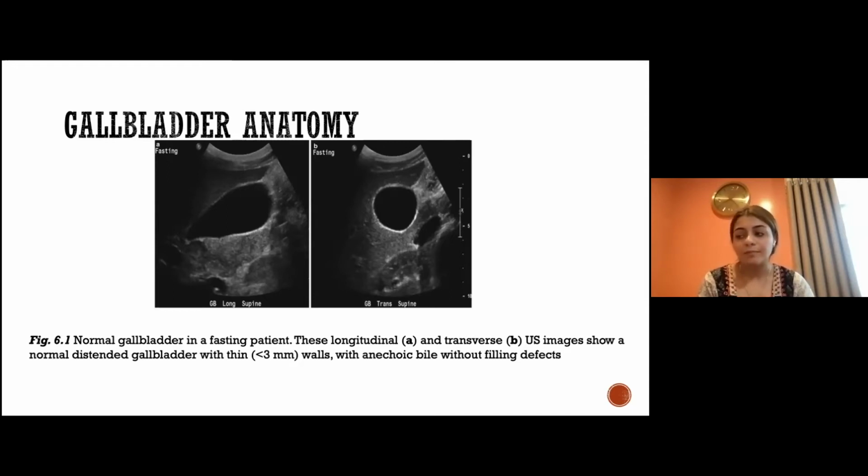It has a capacity of about 50 milliliters and measures 8 centimeters in length and 4 centimeters in diameter when distended. The gallbladder normally receives its blood supply from the cystic artery, a branch of the right hepatic artery. And on imaging, this is a normal gallbladder, which is pear shaped.